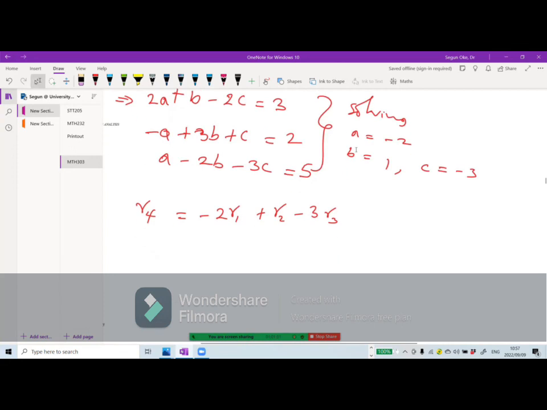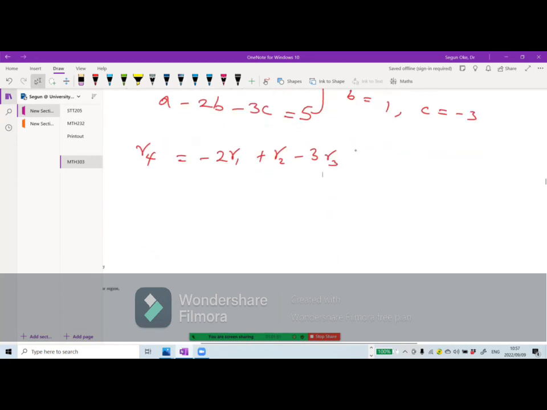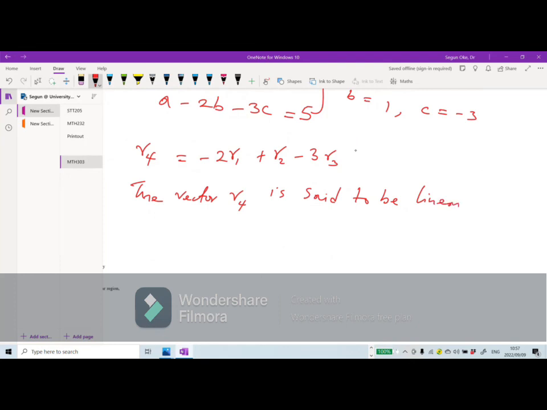So the vector R4, we can conclude that the vector R4 is said to be linearly dependent on R1, R2, and R3.